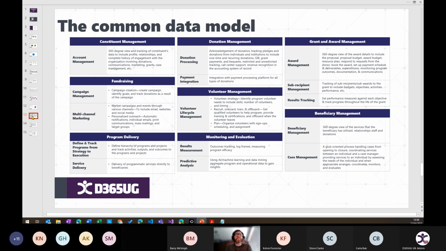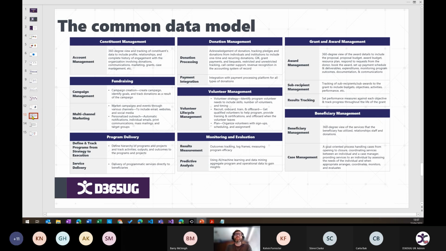We probably won't go into masses of detail around it, but you've got constituent management, fundraising, so events and marketing campaigns, things like that. Program delivery, so if you're a charity that maybe works overseas, delivering programs out to different countries, you can manage and track that within there.